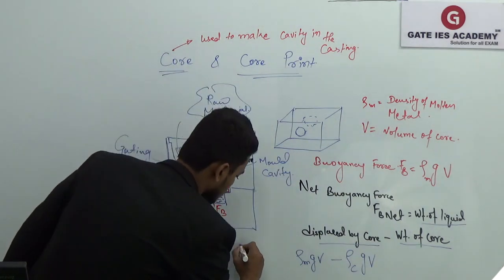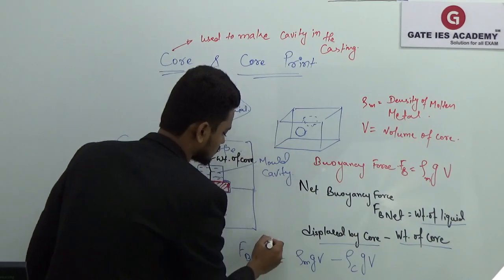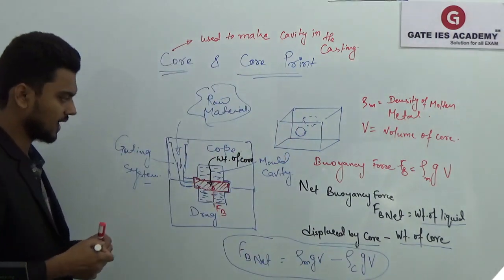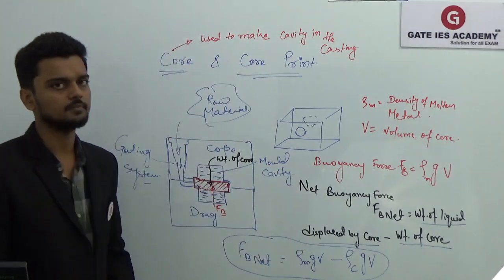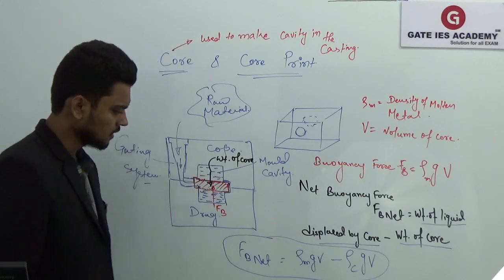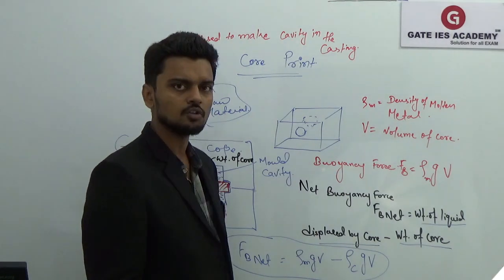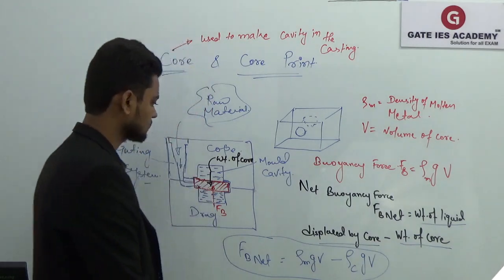So this is your FB net, that is your net buoyancy force that will act on the core. And this is very important, you will get some question by using this formula. You will get some question in GATE. So in this way we can find out the net force that acts on the core, net buoyancy force.